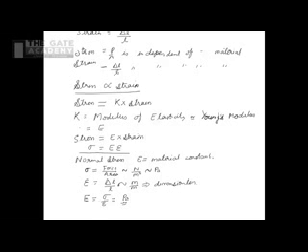Now, the most commonly used material is steel. So if we take steel, the E value of steel is found to be around 210 gigapascals, or 210 multiplied by 10 to the power 9 pascals.